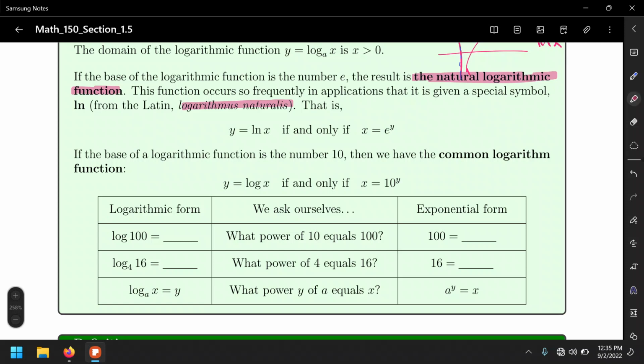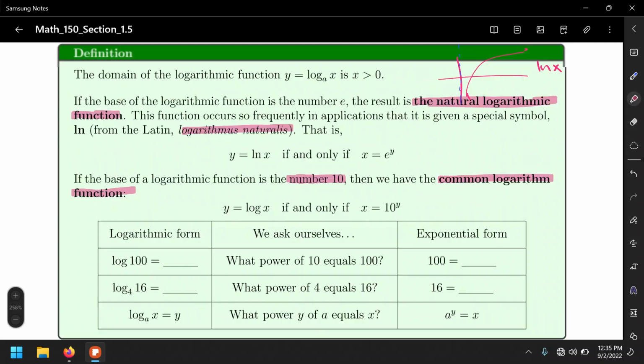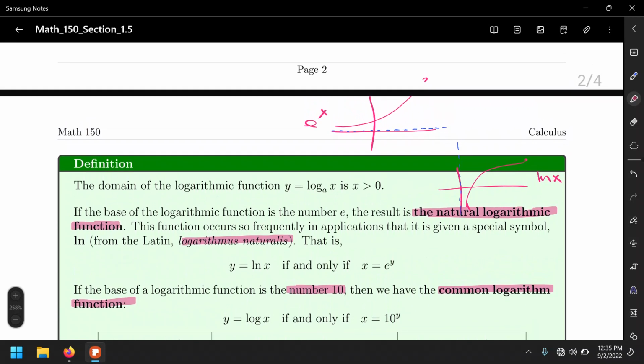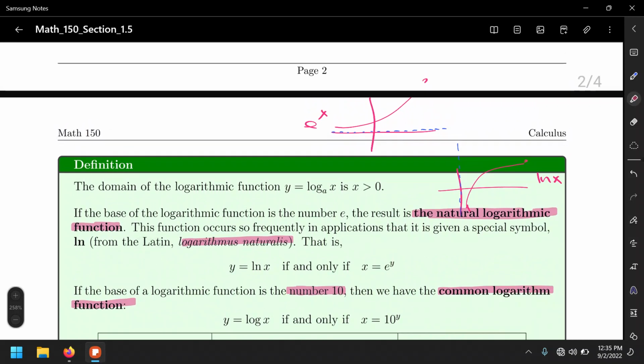The other important logarithm is the common logarithm, in which the base is the number 10. Let me rewrite this ln in a different way: log base e of x.